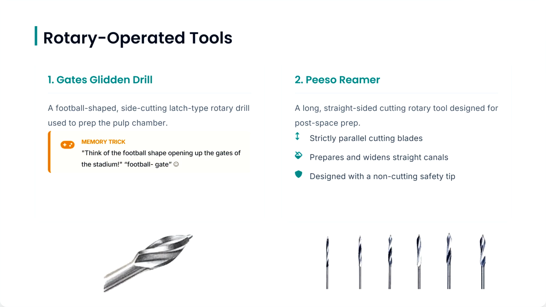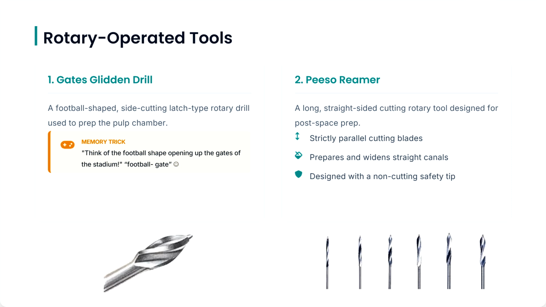The Gates Glidden drill, it's football shaped, and it's used to go in and shape out the pulp. So this is kind of my memory trick to remember what a Gates Glidden looks like. It has a football shape, and I kind of think of opening up the gates to the football stadium. I don't know.